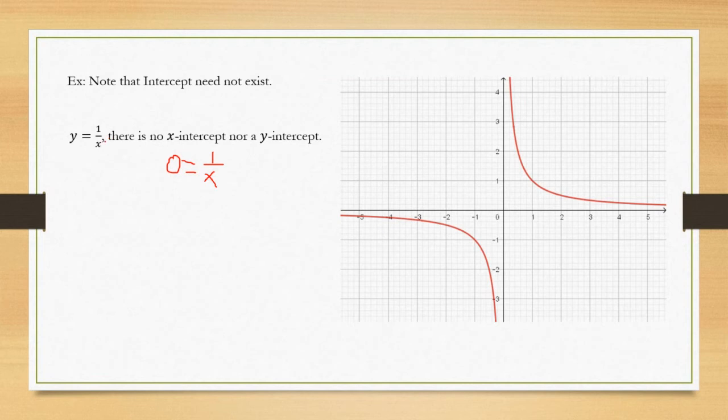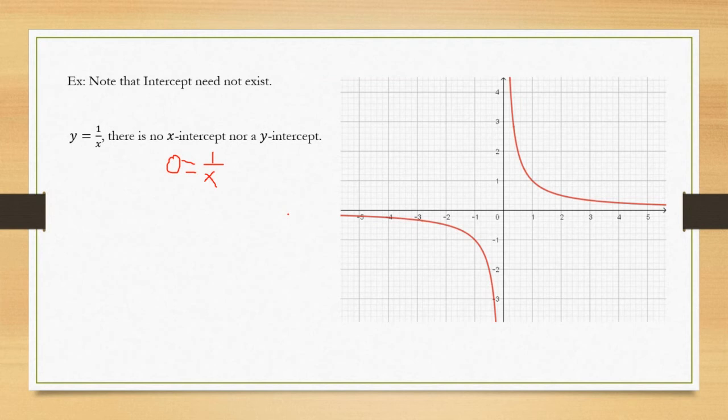That's impossible, right? So because of that, it never touches the y-axis. So this is a graph that has no intercepts. It does not have an x-intercept or a y-intercept. It's not the only graph where that happens, but for us, it's an example.